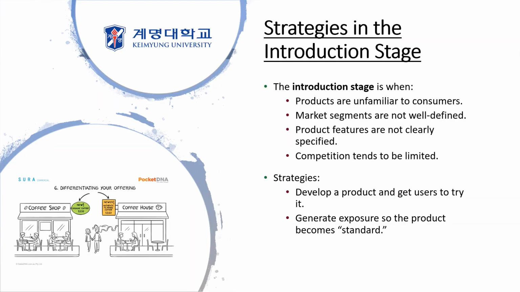In the introduction stage, products are unfamiliar to consumers, market segments are not well defined, and product features are not clearly specified. The early development of an industry typically involves low sales growth, rapid technology change, operating losses, and the need for a strong source of cash to finance operations.